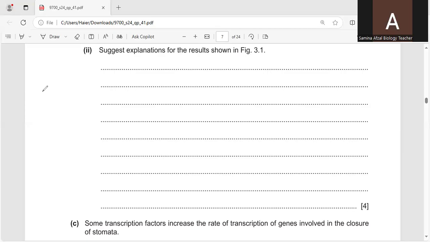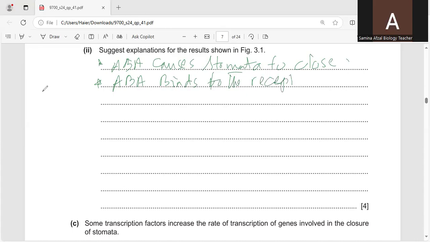First of all, the first point which I told you is that ABA causes stomata to close. It binds with the receptors on guard cells.